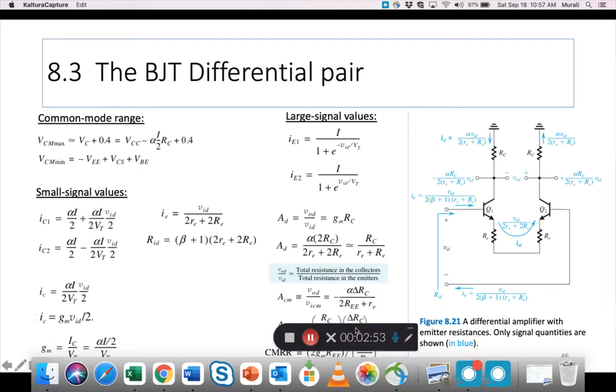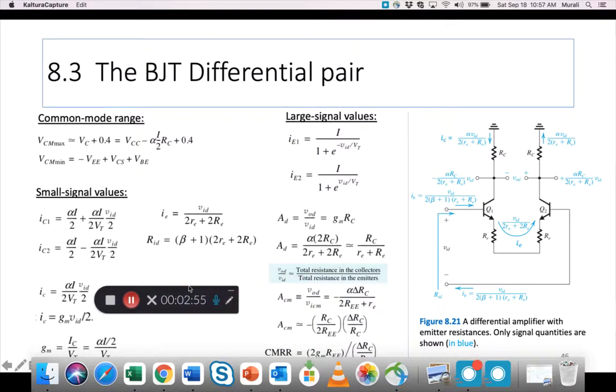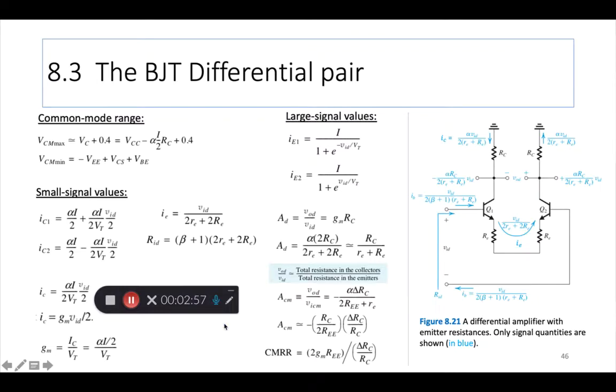There is a similar definition of CMRR in the case of BJTs as in the case of MOSFETs. So you take the ratio of the differential gain to the common mode gain.